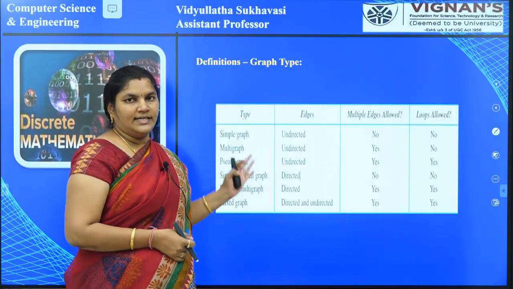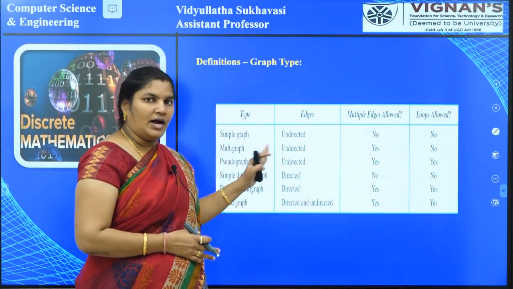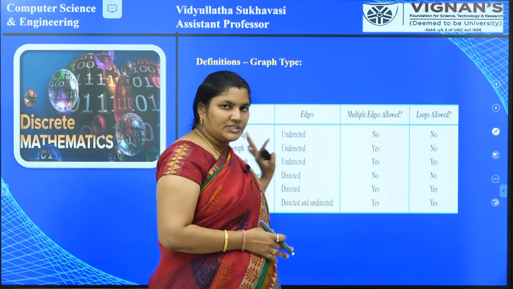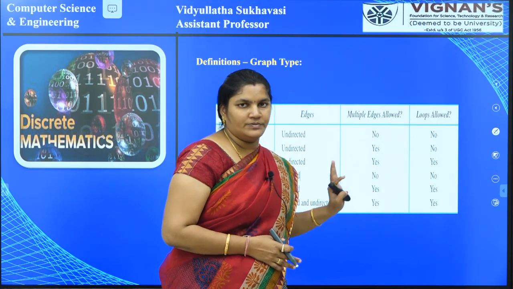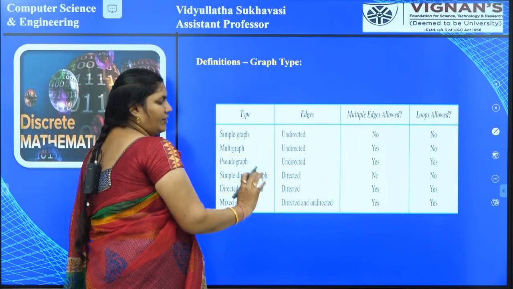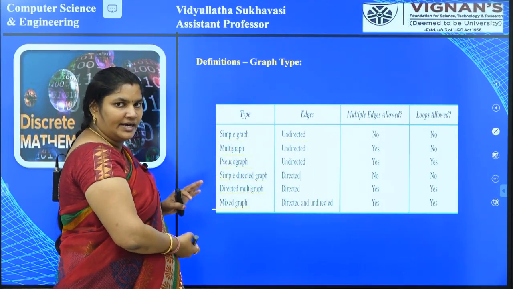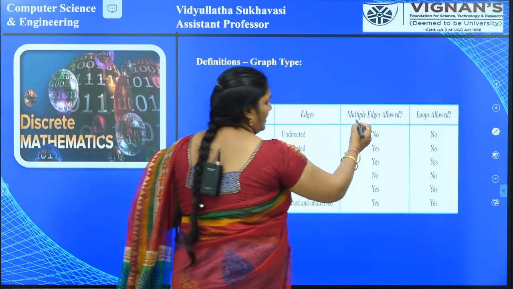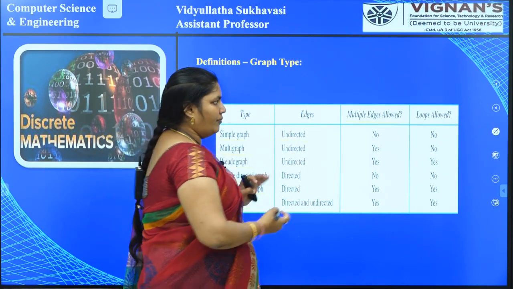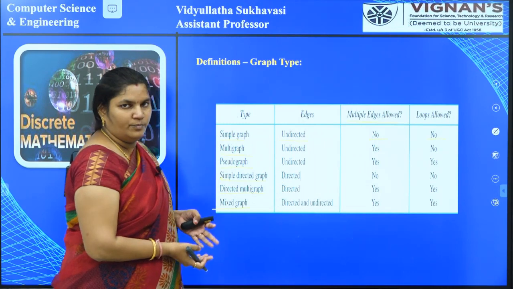Now see the table representation. In this table we specify which graph has undirected and directed edges, and which graph allows multiple edges and loops. Based on this, the simple graph is only an undirected graph. We can represent the simple graph in an undirected way. Does it allow multiple edges? No. The simple graph will not allow multiple edges and loops.